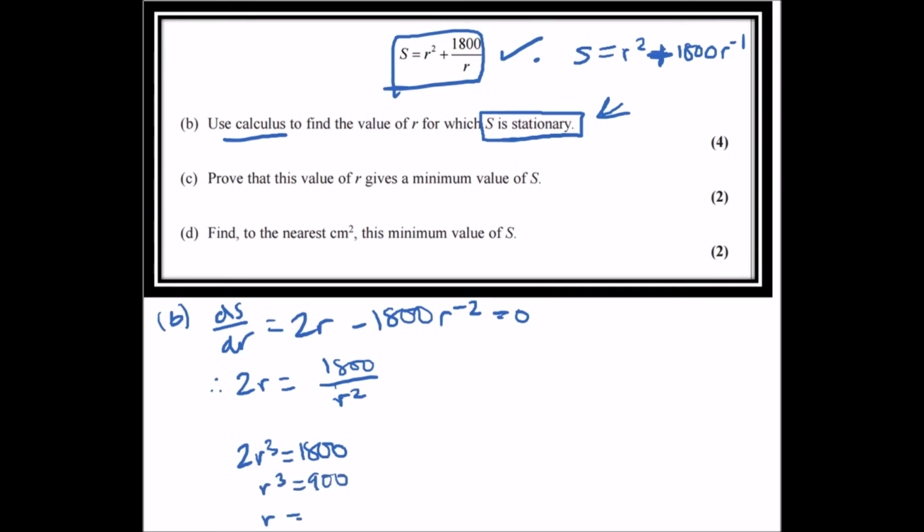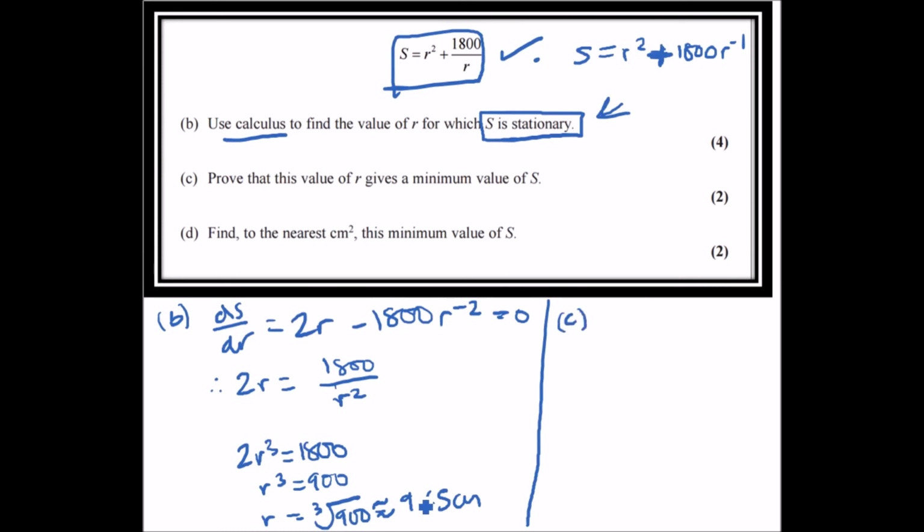Finding the cube root gives about 9.65, so 9.65 centimeters. This is the value of R.